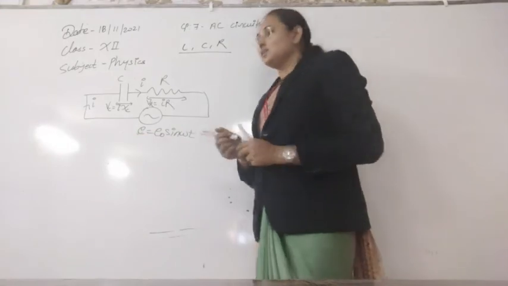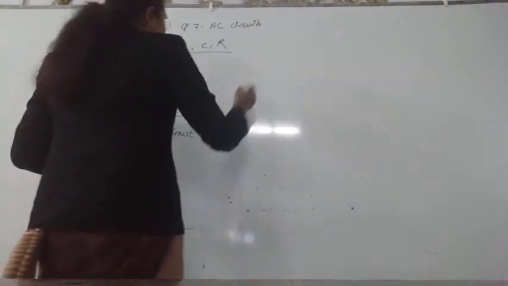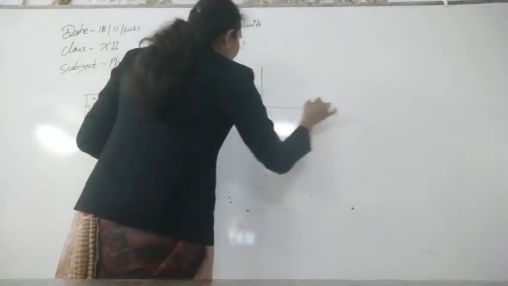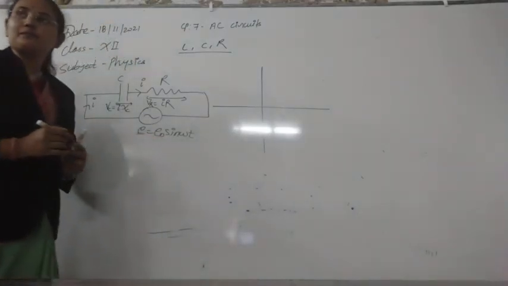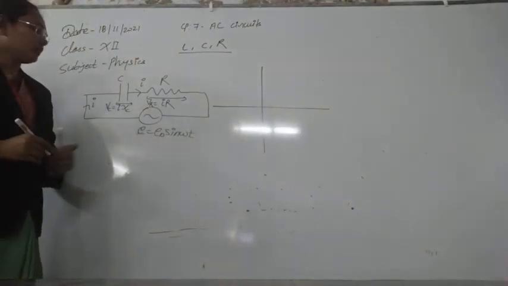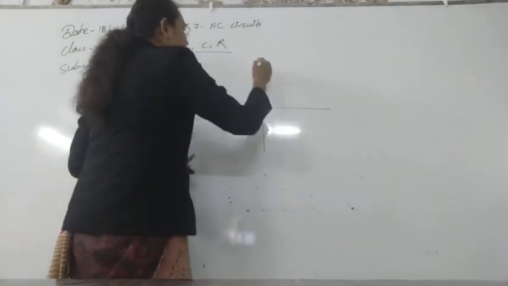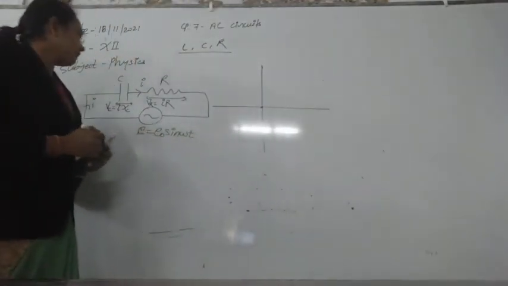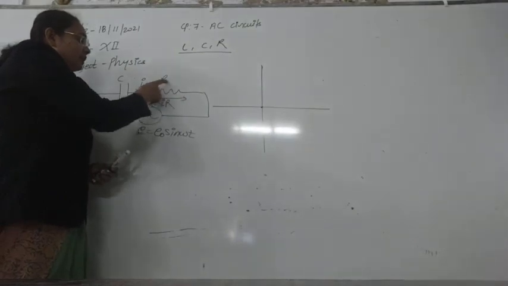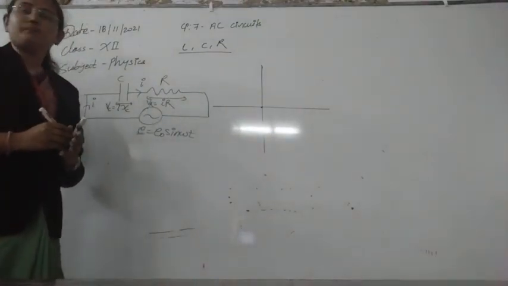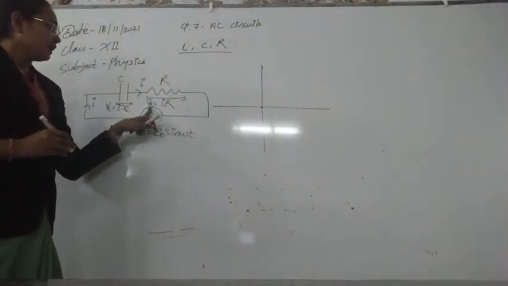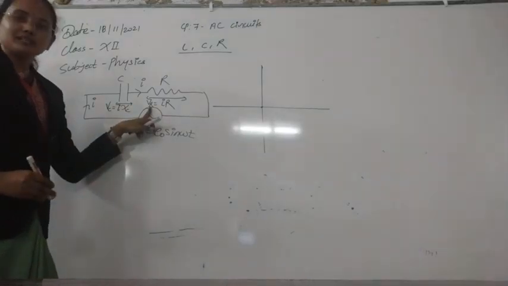So for that, as we are adopting the method of drawing the phasor diagram, we can now draw the phasor diagram. First we can draw the phasor for the resistive circuit. For a pure resistive circuit, we know current and potential are both in the same phase.